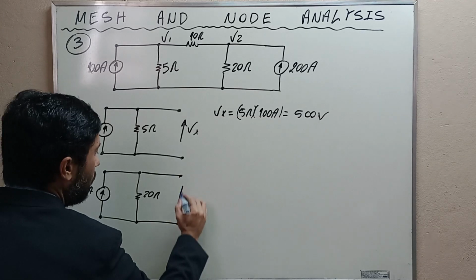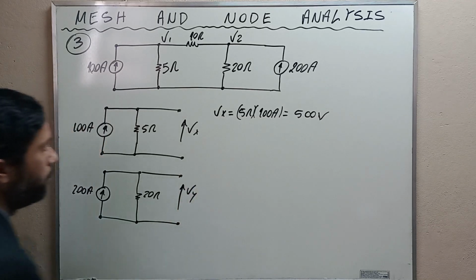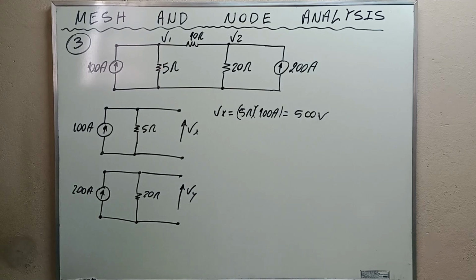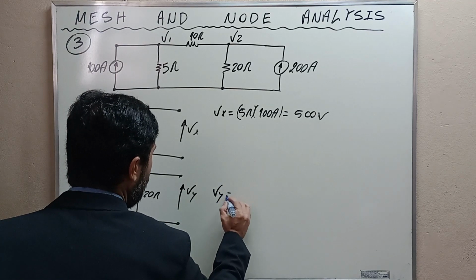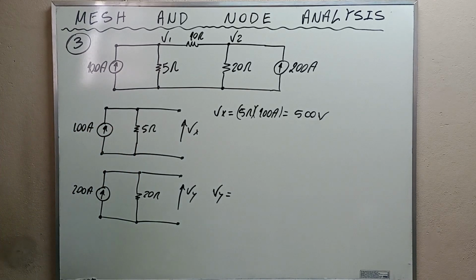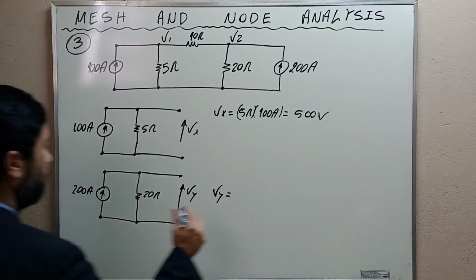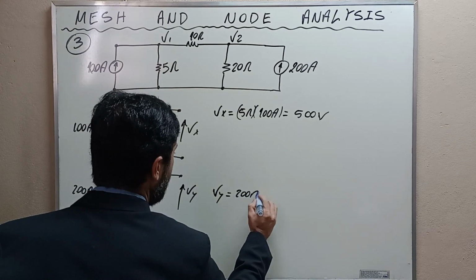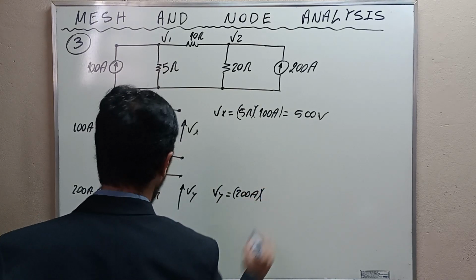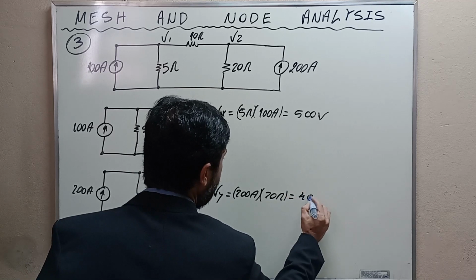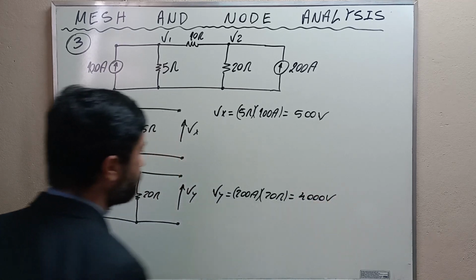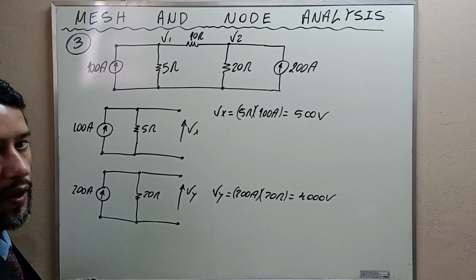And I'm going to call this Vy, okay? Vy will be calculated in the same way. 200 amps times 20 ohms is equal to 4,000 volts. Alright?